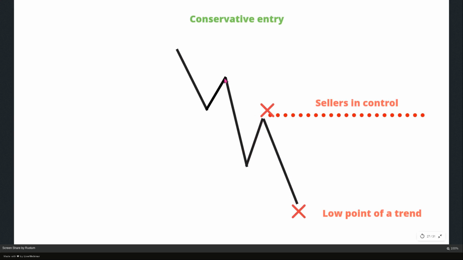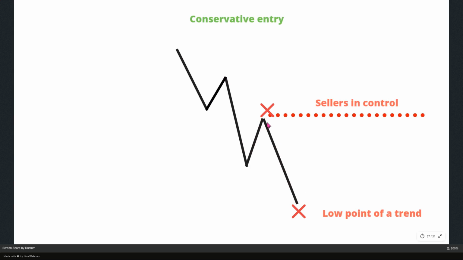So at this point, this was the lowest point, and these sellers on top here made that low. But then prices came even further down, making a new low point. So this is always going to be a downtrend until these sellers who made the most previous low have been taken out.